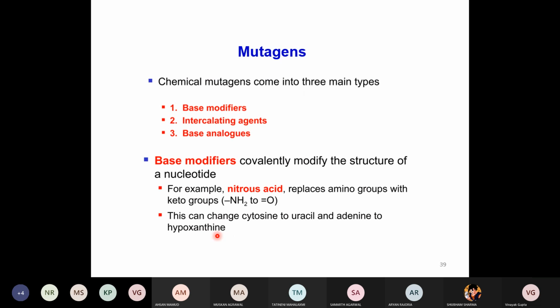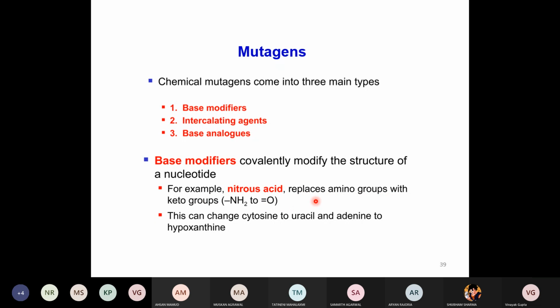So all these chemicals which we are saying can be either base modifier, intercalating agent or base analog. One of the famous examples of base modifier is nitrous acid. What is it going to do? Deamination. It replaces the amino group with the keto group.